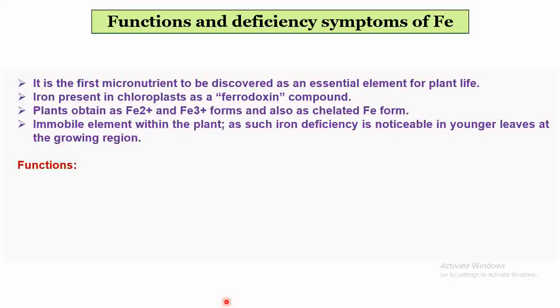Iron is present in chloroplast as ferredoxin compound. Ferredoxin is a reducing compound. Ferredoxin, you study in photosynthesis. Plant absorbs iron as Fe2+ and Fe3+ form, and also as chelated iron form.